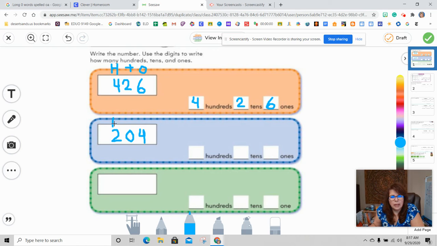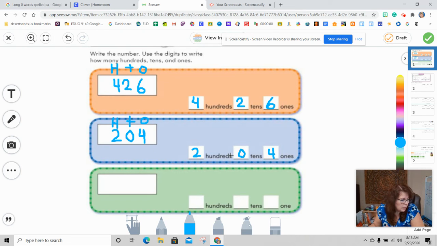So now I go HTO, and that helps me know each value. There's 2 in the hundreds place. I don't hear any tens, so that's a 0. We have to put a 0 in its place just to hold the place value. And then 4 in the ones place.